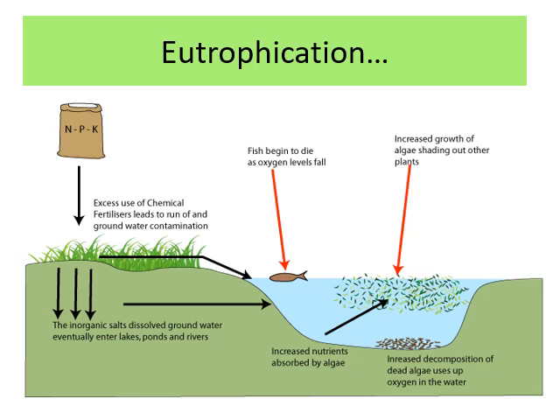The algae all decomposes as it dies, which then uses up the oxygen in the water, and essentially that water becomes lifeless because all of the oxygen has been removed from it. So that's eutrophication. That's a big impact of commercial farming on the environment.